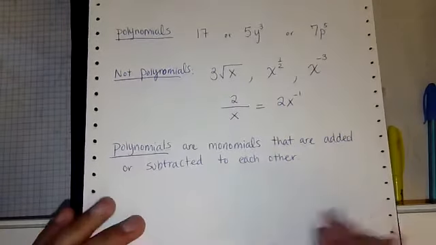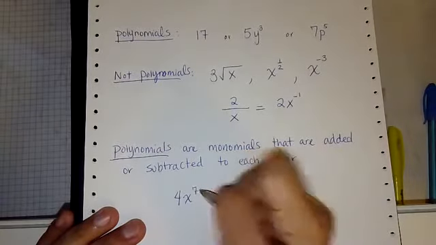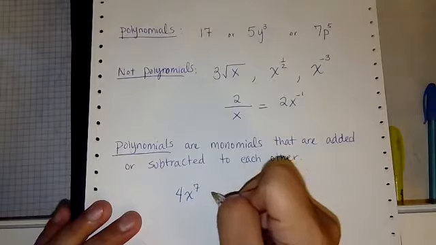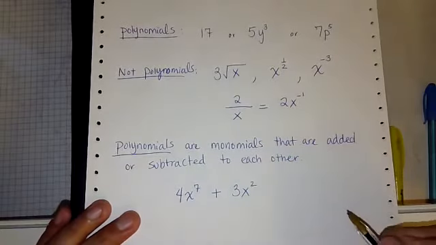So you can think about this like, imagine that we had 4x to the 7th power, and I added that to 3x to the 2nd power.